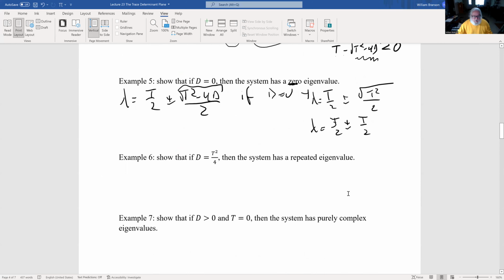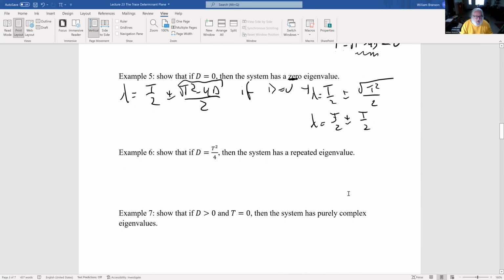Okay, d equals t squared over 4, you have a repeated eigenvalue. Well, again, d equals t squared over 4 means that 4d equals t squared, and that means t squared minus 4d equals 0. So lambda equals t over 2, because this whole part is 0.